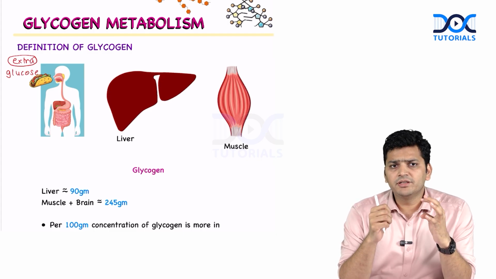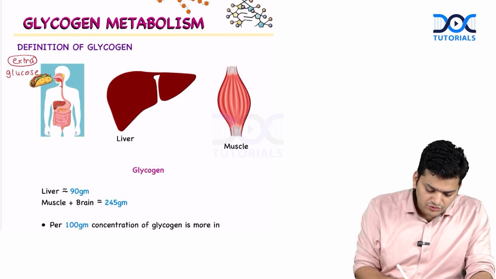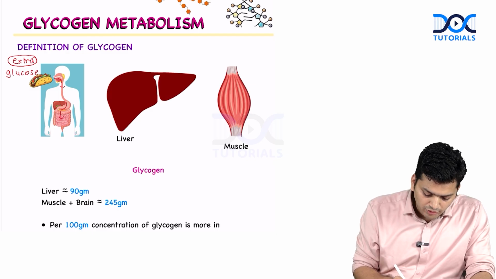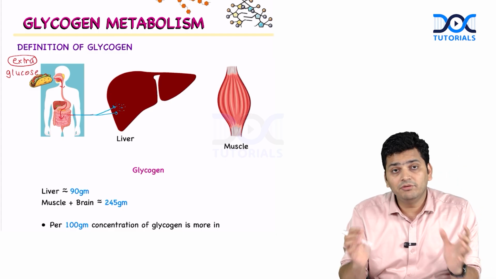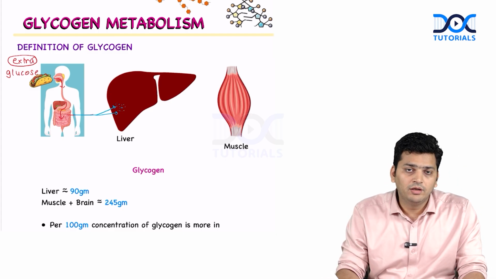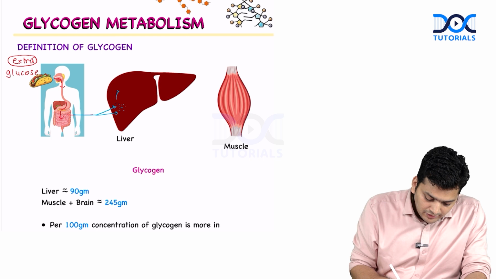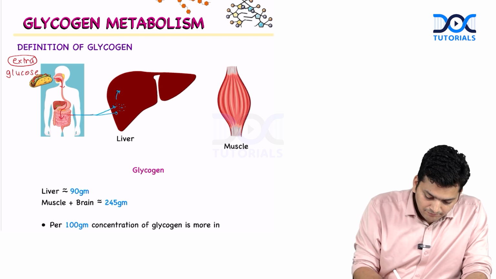What the liver will do is, whatever extra glucose you are consuming, all these glucose molecules will reach your liver, and the liver will say, okay, these are the extra glucose molecules which are coming, and it will start conserving them. In the liver we have a special protein.